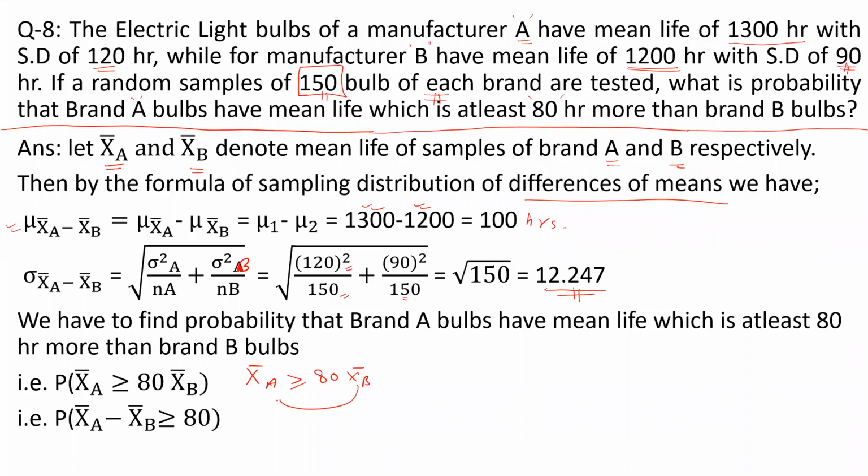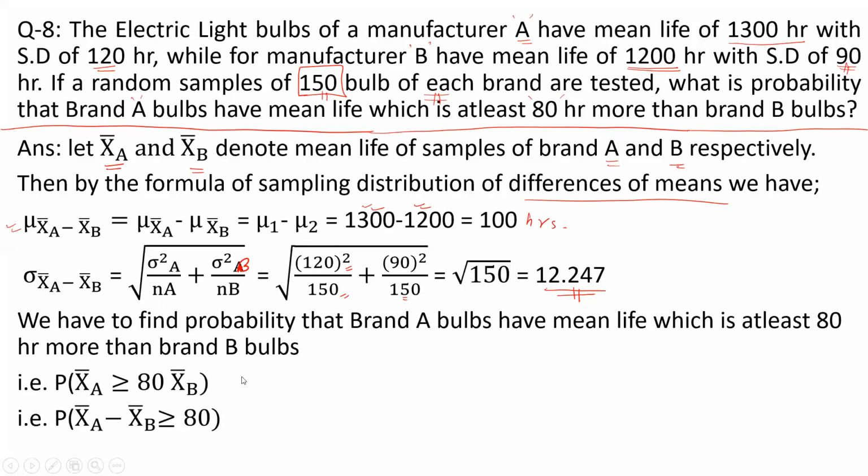So this portion I have taken here, but this part I just wrote for you to understand the statement. So when you take this side it becomes X A bar minus X B bar. So definitely you will get the difference of mean here should be greater than or equal to 80. So this is what we have to find in this case.